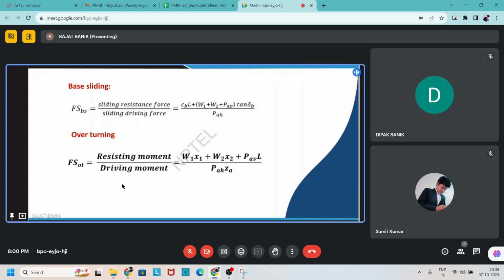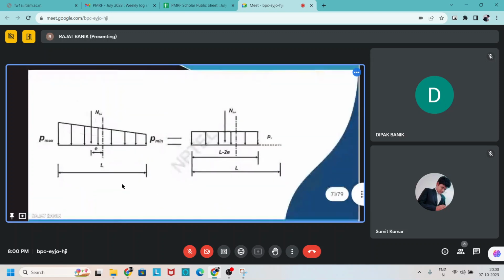Now overturning, which is the ratio of the resisting moment to the driving moment. From the figure we find: W1 x1 plus W2 x2 plus P_AV times L, divided by P_A Z_A. By this formula, we find the factor of safety for overturning.